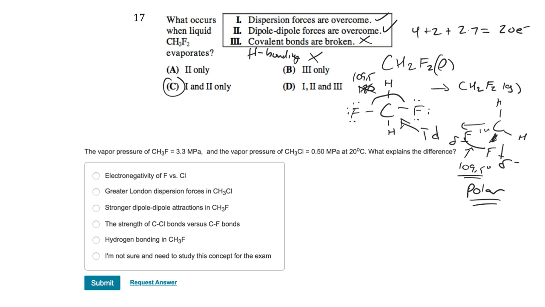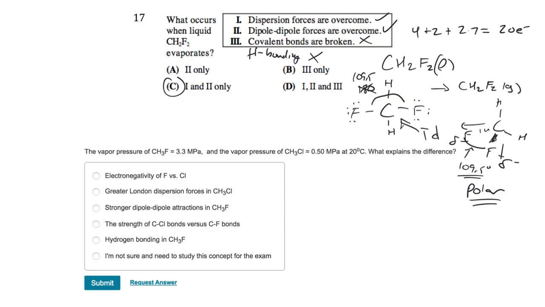So I want the geometry to have all the domains be bonding, and I want all the atoms to be exactly the same as each other, all hydrogen or all fluorine. The C-H bond is never very polar, so all of our hydrocarbons are generally nonpolar without too much consideration of the geometry. But our sample here has to overcome those two forces.